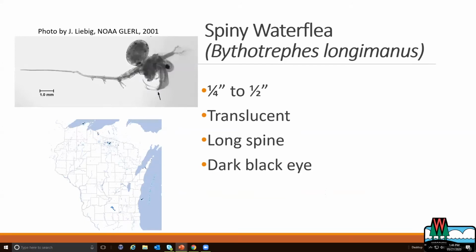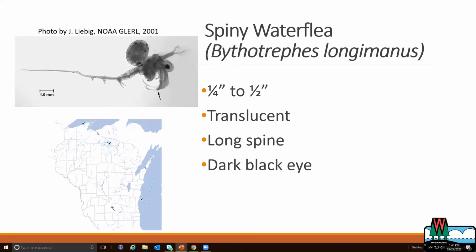The next species we have is the spiny water flea. You'll notice on the map, as Maureen mentioned before, that we have some polygons that show up instead of check marks. We have the blue, which isn't the greatest color for these polygons, but it shows where the spiny water flea is more so than those check marks. These are very small animals, quarter inch to half an inch.